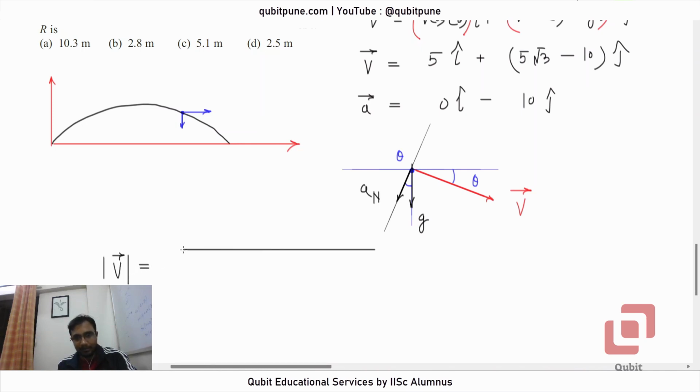What will be the speed? Under root of 25 plus (5 root 3 minus 10) the whole square. The square of the first is 25 into 3, that is 75. 10 squared is 100, minus 2ab: 10 into 5 is 50, 50 into 2 is 100, so 100 root 3.